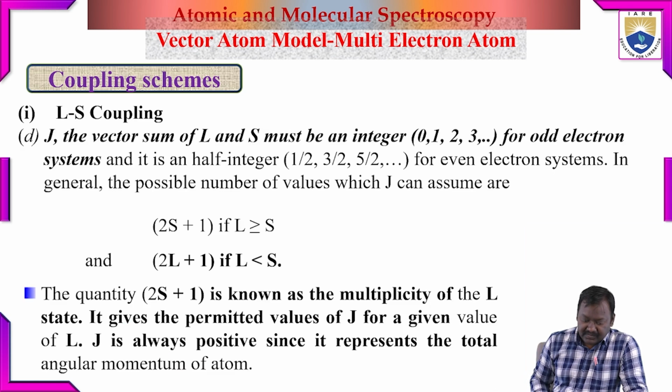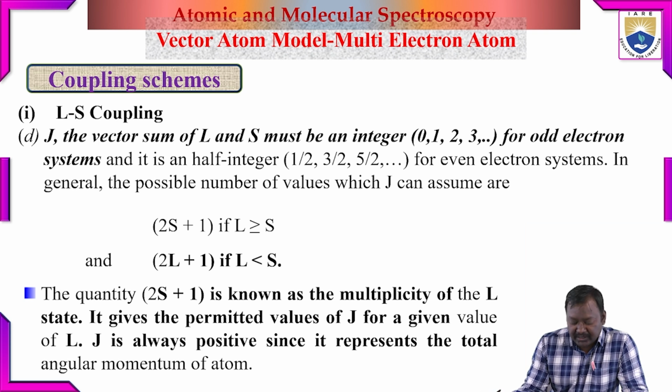And the fourth point is J, the total angular momentum quantum number, the vector sum of L and S. J is represented by the vector sum of L and S, that means orbital angular momentum and spin angular momentum.